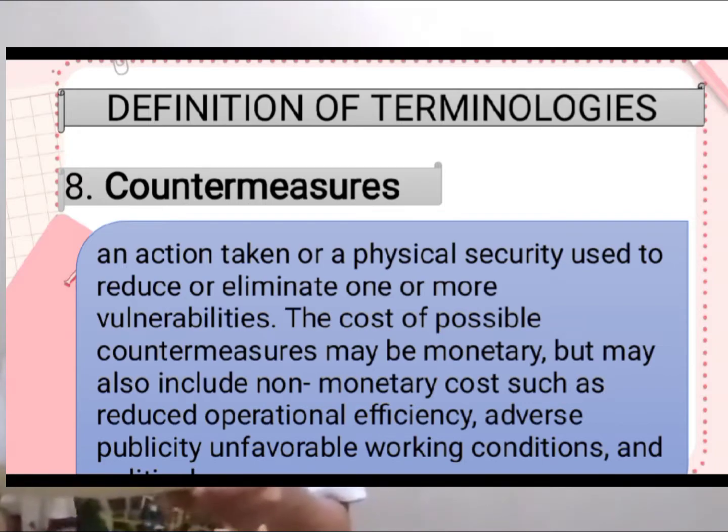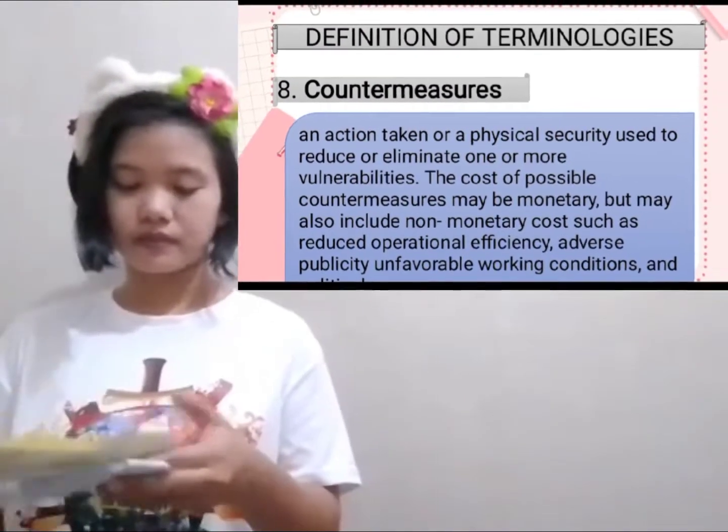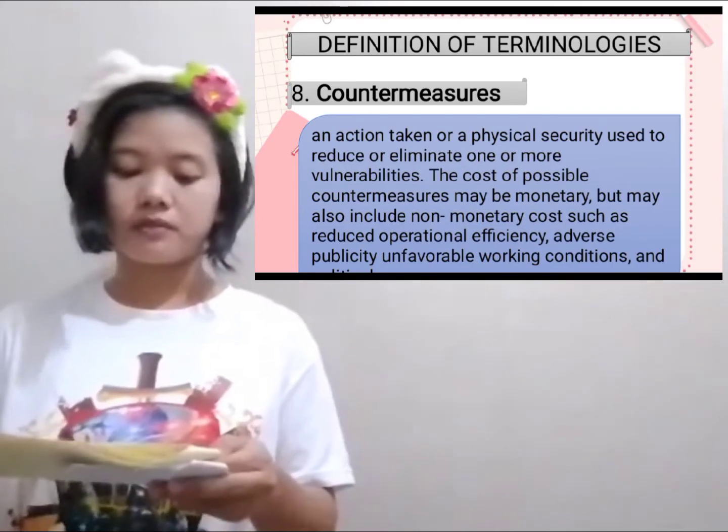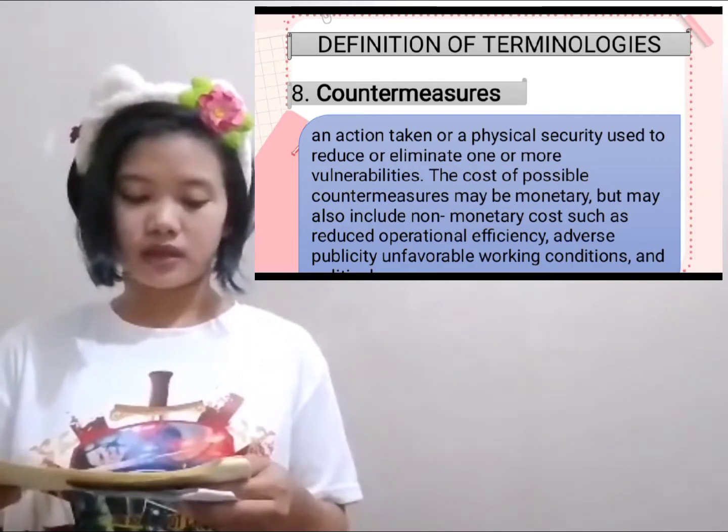The cost of a possible countermeasure may be monetary, but may also include non-monetary costs, such as reduced operational efficiency, adverse publicity, unfavorable working conditions, and political consequences. A countermeasure is a measure or action taken to counter or offset another one.